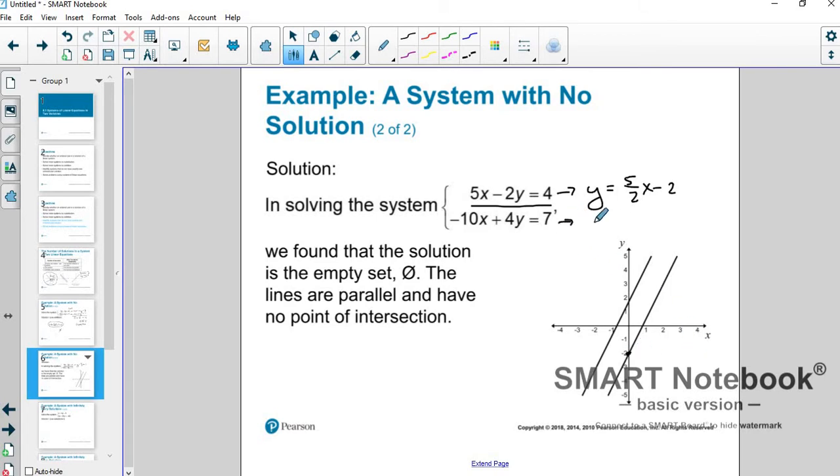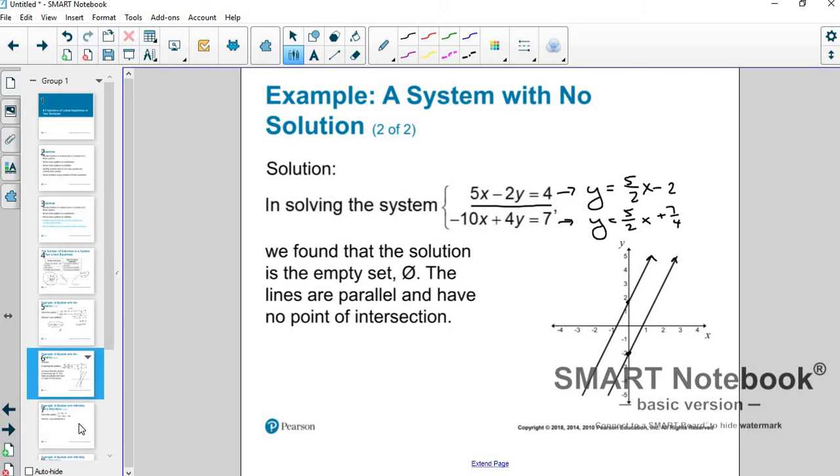But if I solve this guy, I get y equals 5 halves x plus 7/4, which is that line right there. So I get two parallel lines, they have the same slope, and so they don't intersect.